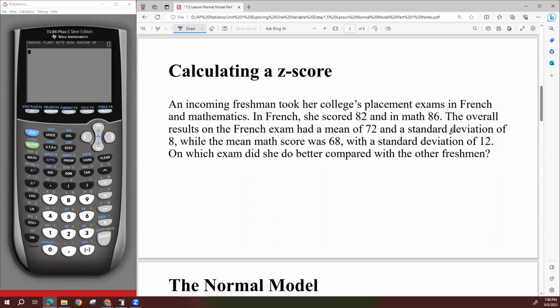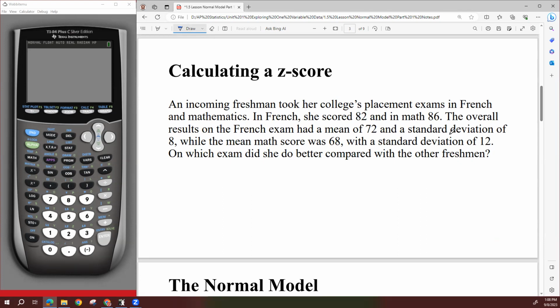So a z-score helps us to compare two things that in any other way don't really have a direct comparison. Here we have scores for French and math exams. We want to know how this student did on her French test compared to everyone else, as well as her math test compared to everyone else, and which she did better on relative to the rest of the students who took those tests.